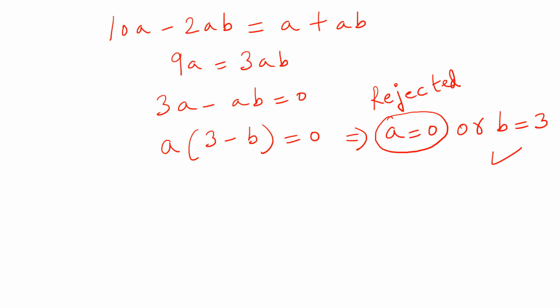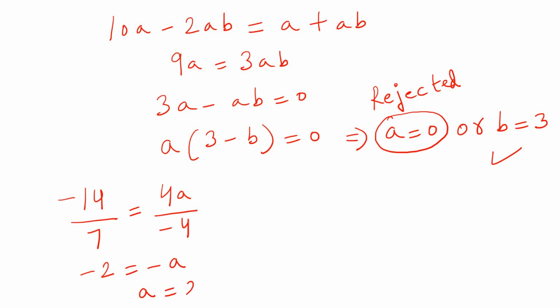Now, if I put b equal to 3 in the above equality and compare its last two terms, then I get -14/7 = (a + 3a)/(-4), which is 4a divided by -4. So from here we get -2 = -a, or a equal to 2.